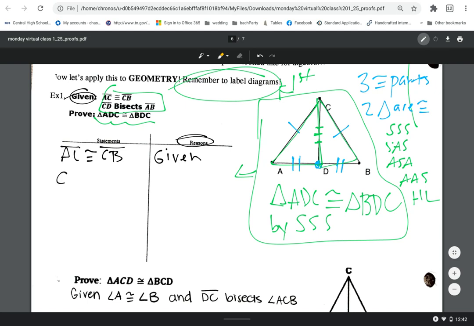My next given, CD bisects AB. How do we know? Given.